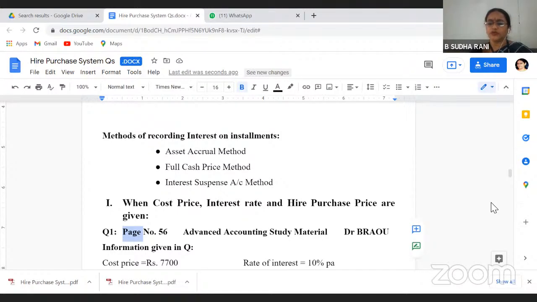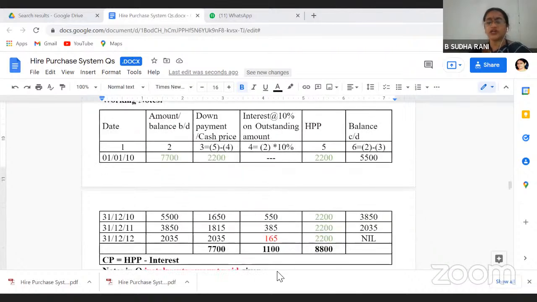What about preparation of other accounts? Yeah, we will prepare. First, if you know this preparation of the table, the journal entries you will anyway mug up. We have one more class tomorrow; in tomorrow's class, I'll tell you how to pass the journal entries.